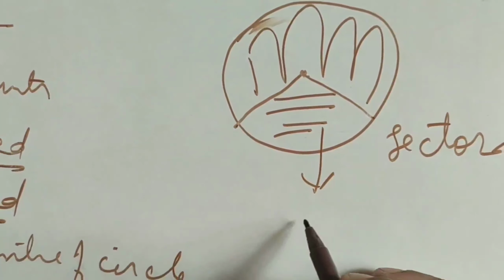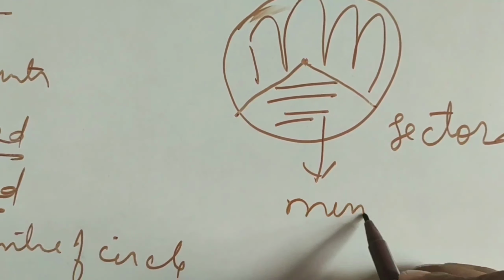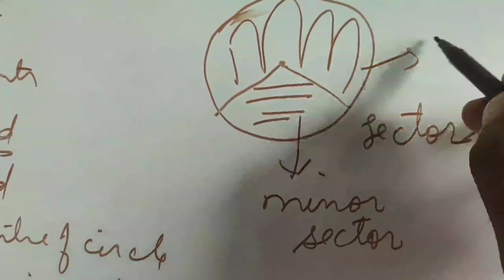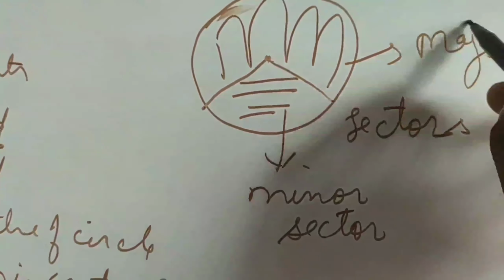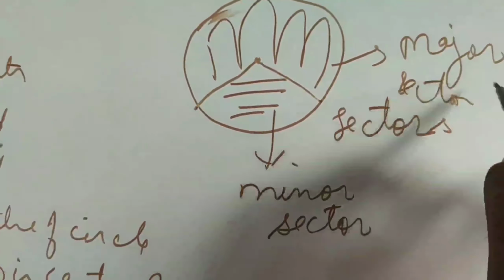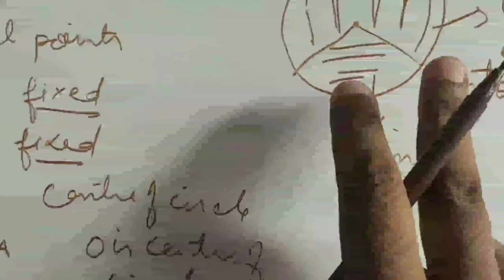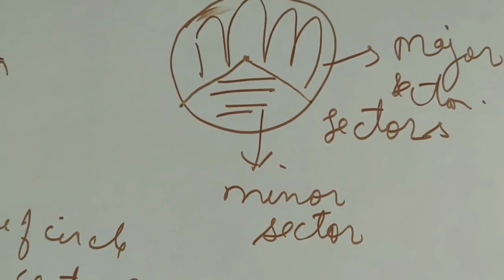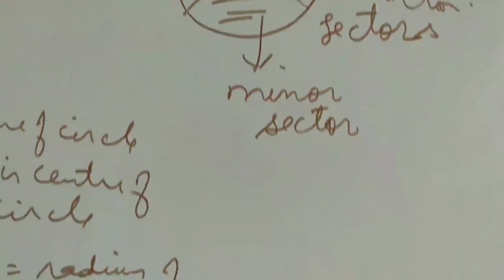The small one is the minor sector, and this is the major sector. A chord divides a circle into segments, and the area between 2 radii is the sector of the circle.